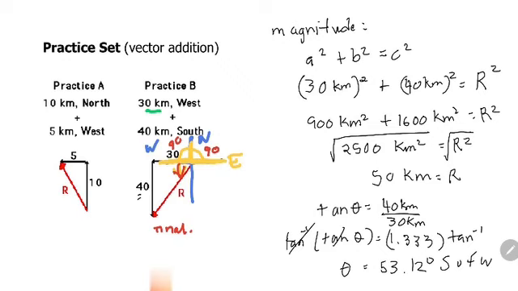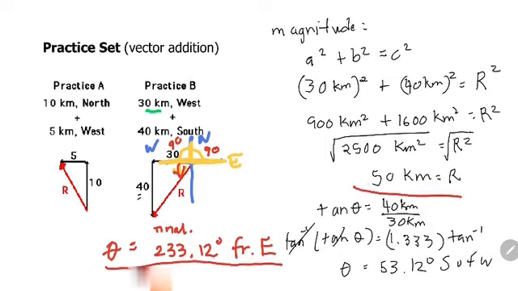Yun yung nakuha ko. 53.12. So, 90 plus 90 plus 53.12. 233.12 degrees from the east. That's the direction. So you will say that the resultant is 50 kilometers, 233.12 degrees from the east.